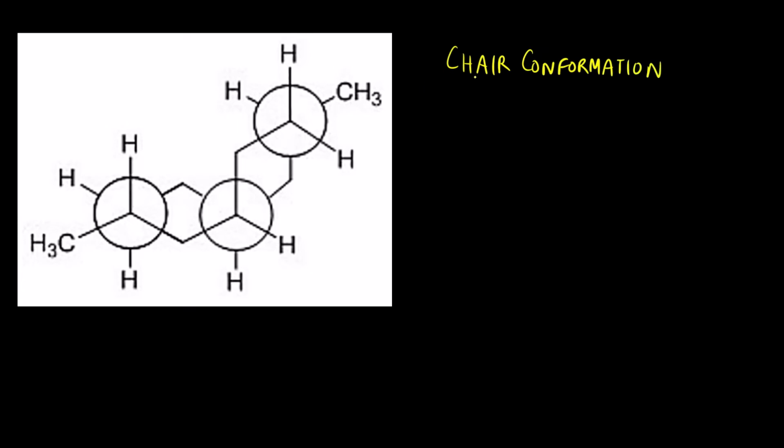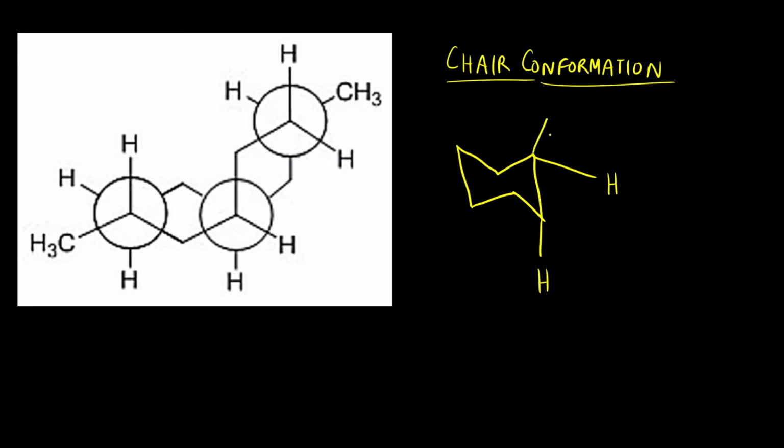So how to draw the chair conformation? Let us see. First, I will draw one cyclohexane ring like this. Here we can see at the terminal position, both the hydrogens are below the plane of the paper, so that we can draw first.